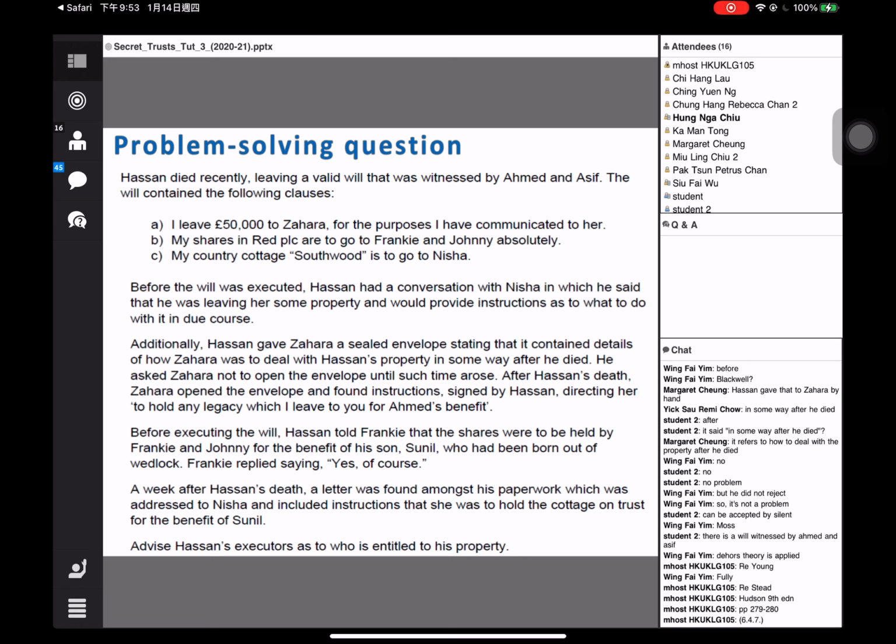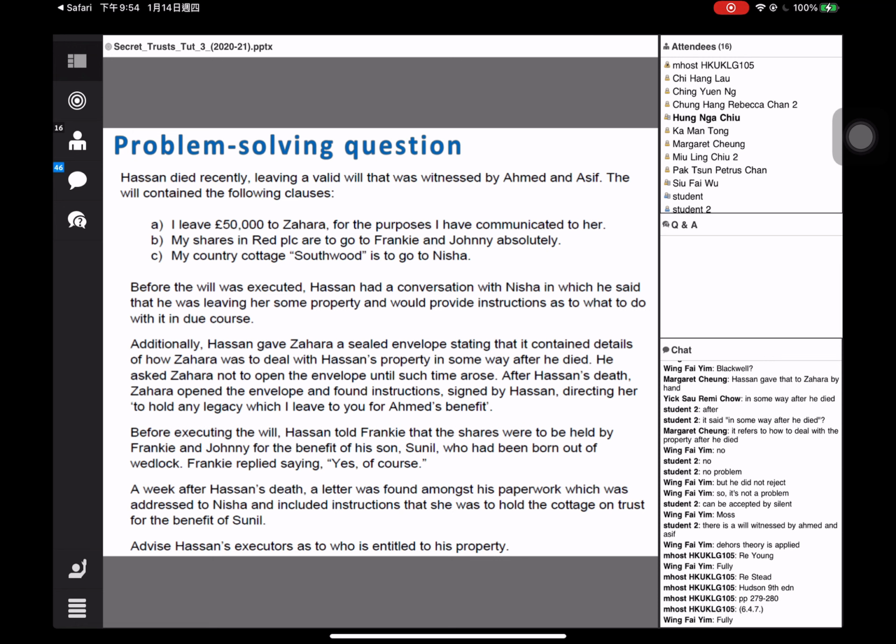Clause C. What type of secret trust is this? What does it seem to be? What's Hassan intending here? What type of secret trust is he intending? Fully secret trust. Nisha is supposed to be the secret trustee, and Sunil is supposed to be the secret beneficiary. Now, what's the problem here?